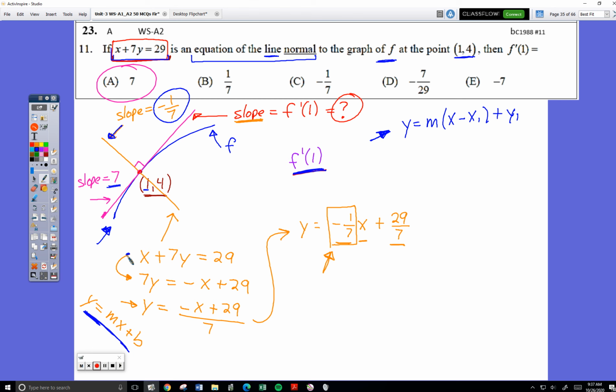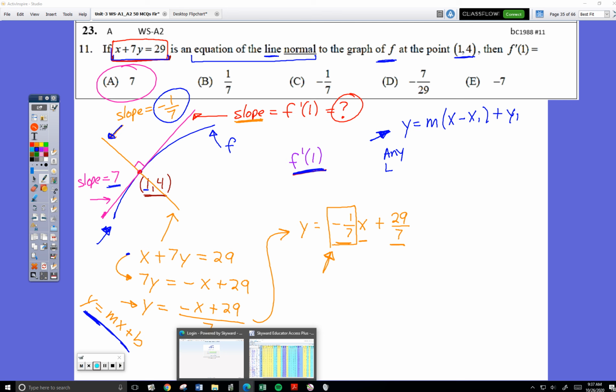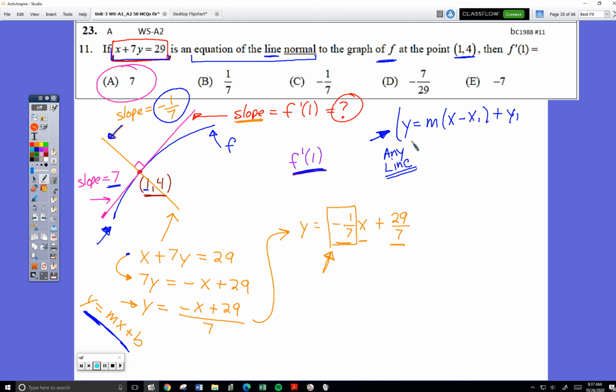Please. Sorry, with the equation on the top right, I'm just a little confused with the x1 and the y1. What is it again? For our class, really all you have to do is memorize a couple of key things. One, just remember, this is the form of a line, any line. I'll use this if they say write the equation of a tangent line, or a normal line, or a secant line, or a parallel line.